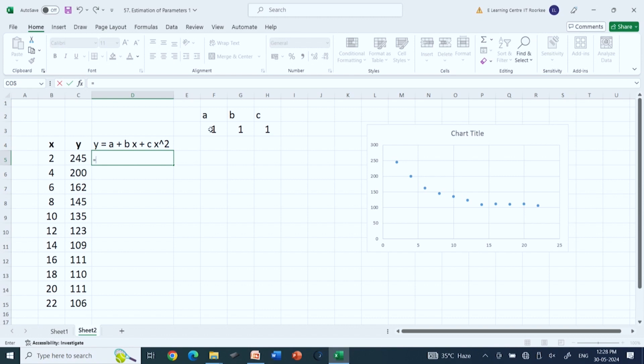This is equal to a, which is a constant, plus b multiplied by x, plus c multiplied by x square. Get some value.